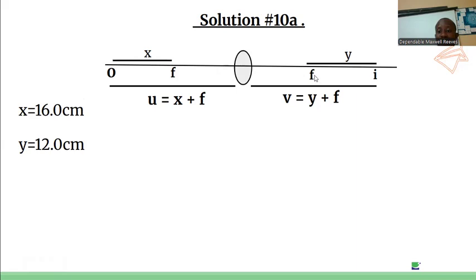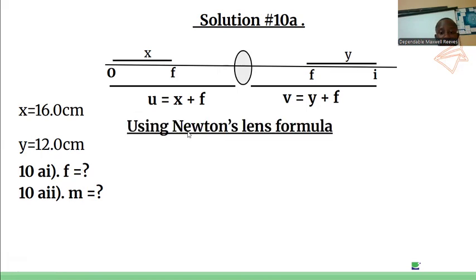So y is the distance from the image to the focus, which is 12.0 cm. So we use Newton's lens formula to find our focal length, and from there we will find our magnification. So that is question 10A. So let us solve 10A first. So using Newton's lens formula. Newton's lens formula tells us that f squared is equal to x times what? Times y.